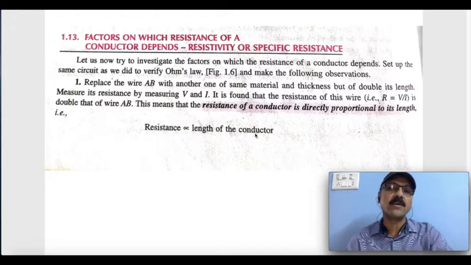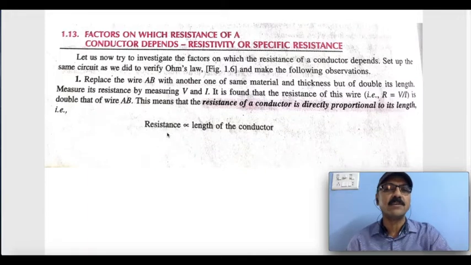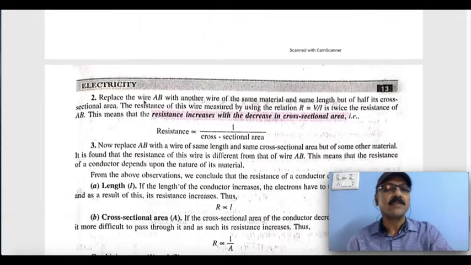If the length of the conductor increases, resistance also increases. The second is that resistance depends on area. Resistance increases with a decrease in area of cross section, because resistance is inversely proportional to the cross-sectional area of the conductor.